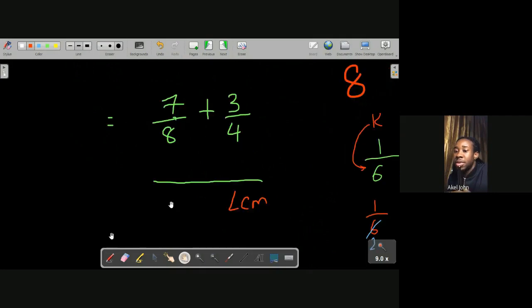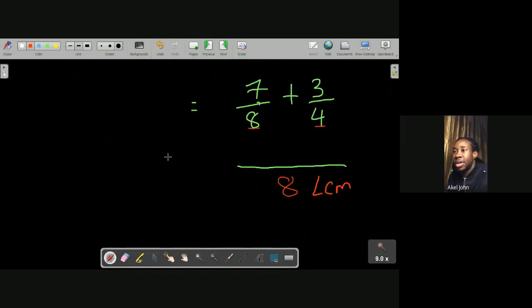The lowest common multiple between 4 and 8 would be 8. For anybody that might have been struggling with this, it's like timetables, right? 4, 8, 16. The lowest one between the 4 and the 8 would be the 8, and that's how we figured it out.